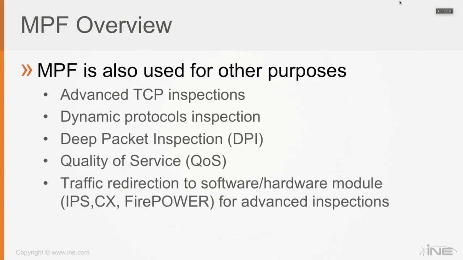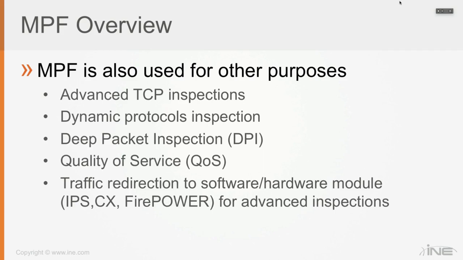But of course MPF is mainly used, as we said, for additional purposes, to provide advanced capabilities of the firewall policy on the ASA. Like we can do advanced TCP inspections. We're going to do also dynamic protocol inspection, we'll see what that means. We can do DPI, deep packet inspection, or application inspection.